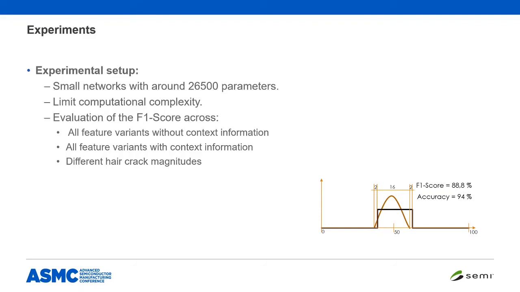Also, we will be evaluating the performance across different hair crack magnitudes. We will take the F1 score as our measure of success. The F1 score is a combined measure analyzing the false positive rate as well as the false negative rate.